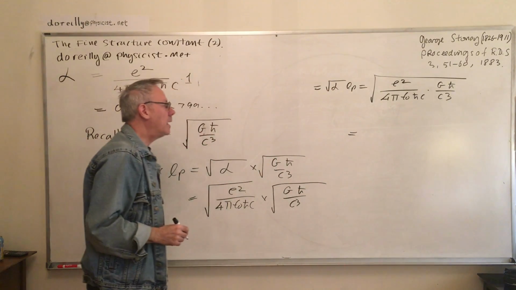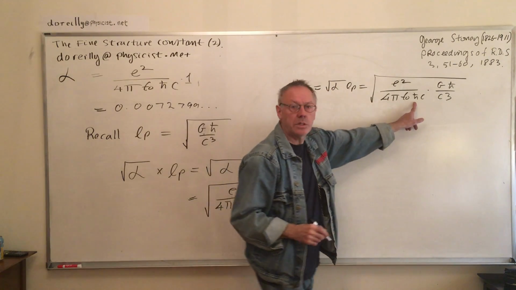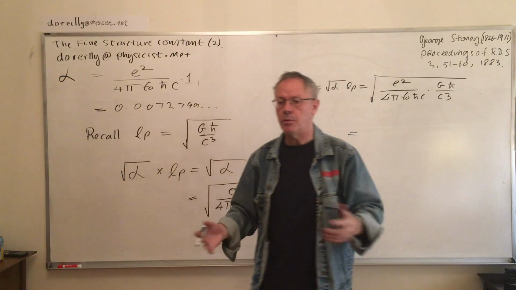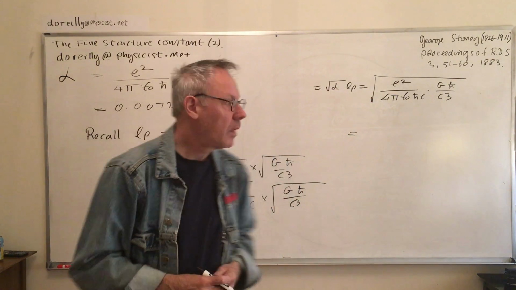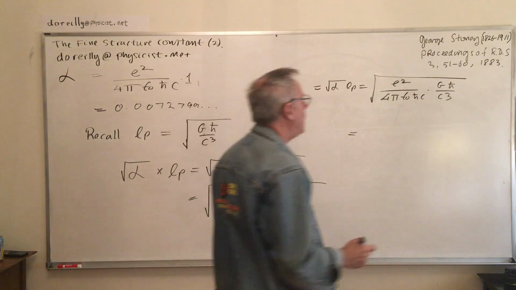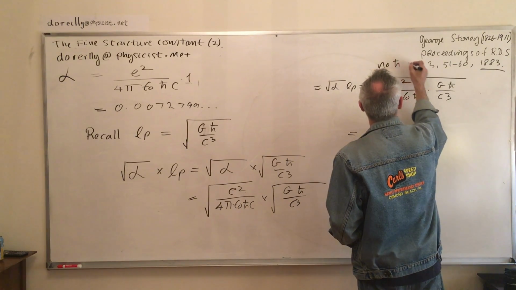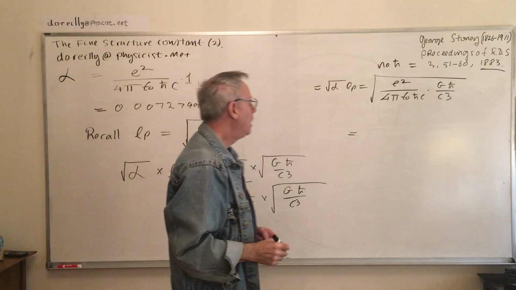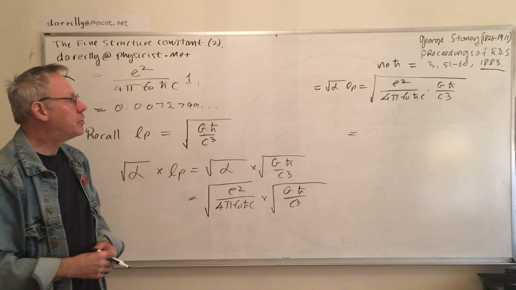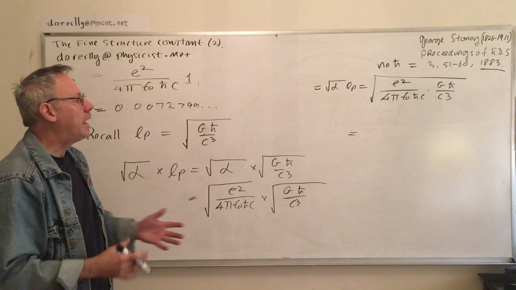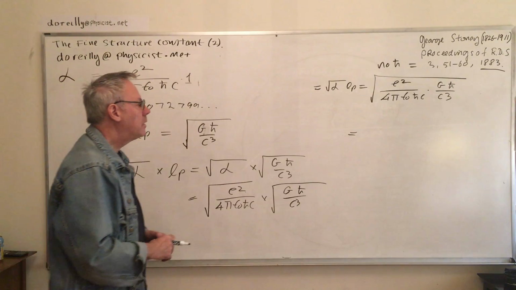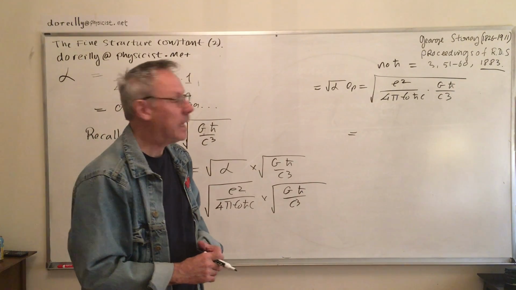Okay, what I do is I get rid of the Planck constant. Planck's constant crops up when we go quantum. In George Stoney's time, in 1883, there was no h. No h was known then, but the charge on the electron, well, they hadn't figured it out yet, but it was coming up anyway. J.J. Thomson measured the charge on the electron.